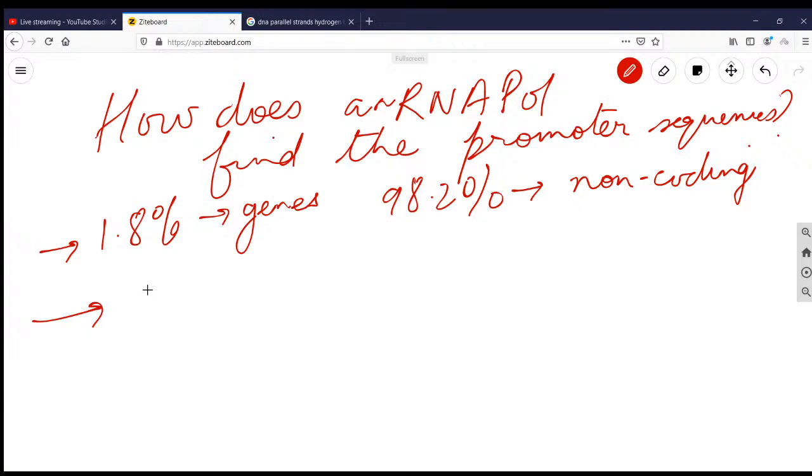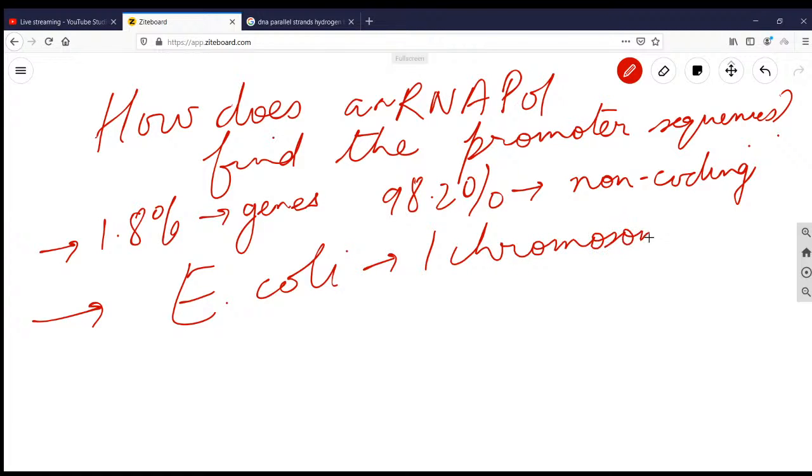The E. coli has only one chromosome, like we have 46. The E. coli contains only one chromosome. Therefore, it is always haploid, N, right? So throughout the chromosome, genes are not present.